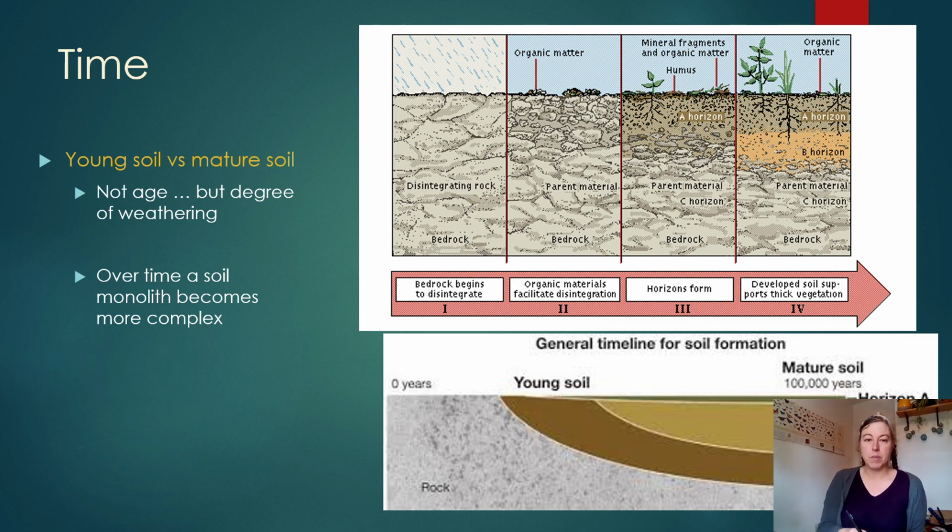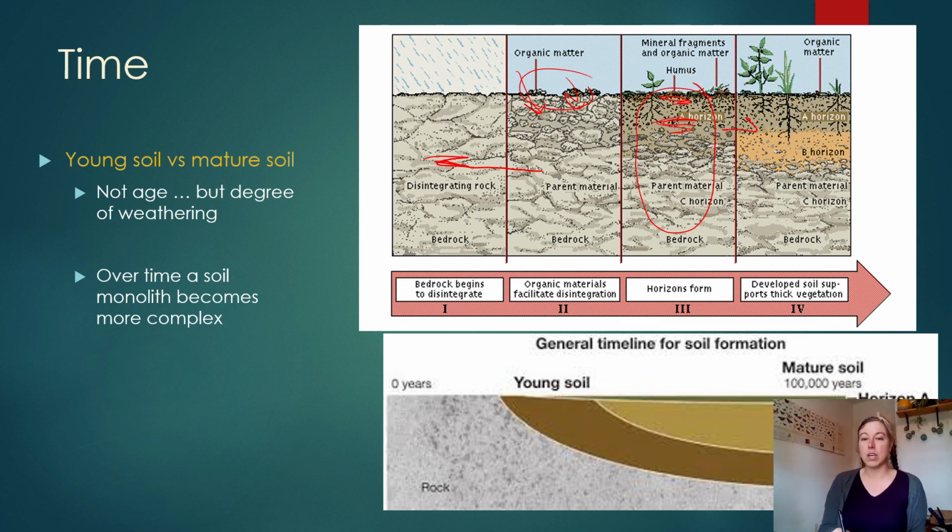But this is that picture from the beginning where we have the bedrock that the rain physically and chemically starts breaking up, allows plants to deposit organic matter, and you start seeing a more complex soil where you have organic matter at the top, and then it's no longer rock, you actually have mineral soil.